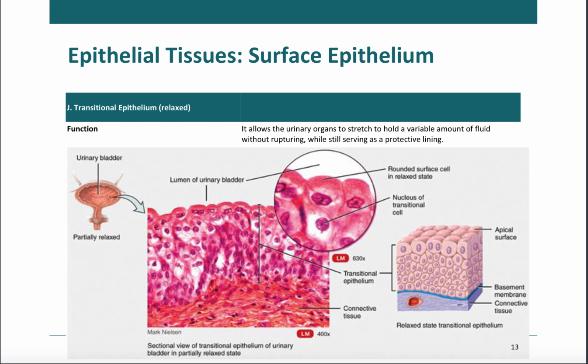All right. Transitional. A lot of students confuse transitional with stratified squamous because they see many layers. However, the top layer is sort of rounded. It doesn't look squashed. It doesn't look like someone sat on it and squished it. Okay? So, this is how I know it's transitional.